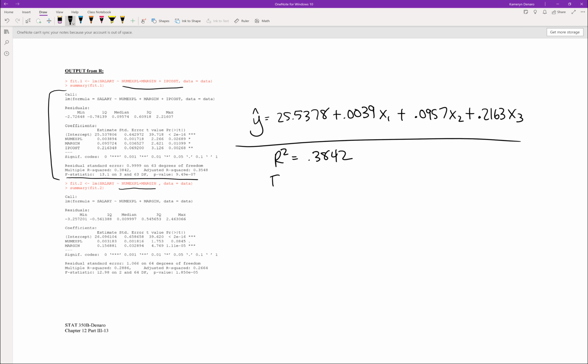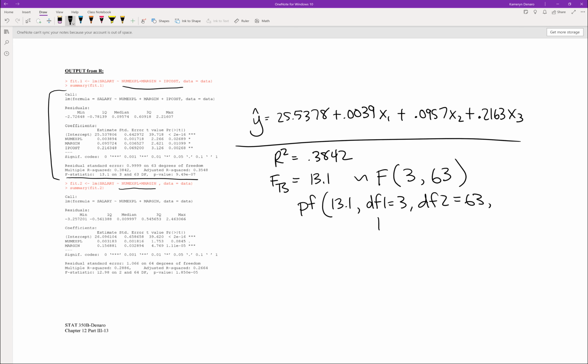So our F test statistic, and you can confirm, should be 13.1. We're going to compare that to an F distribution with 3 degrees of freedom for the numerator and 63 degrees of freedom for the denominator. In this case, the p-value, which you can find by doing PF 13.1, degrees of freedom 1 equals 3, degrees of freedom 2 equals 63, lower tail equals false, right?